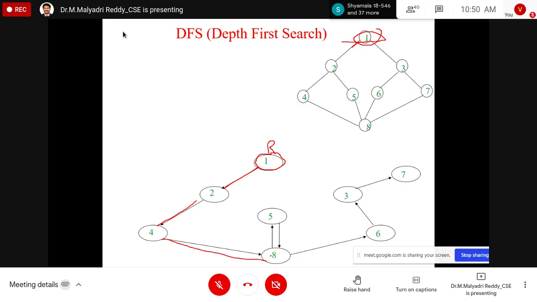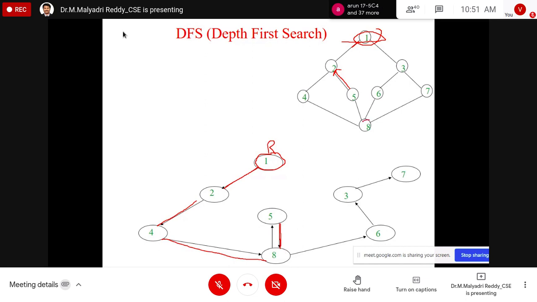Then for 8, the left node is 5, so it goes towards 5. But for 5 there is no other node available, all are visited nodes, that is why it comes back to 8.